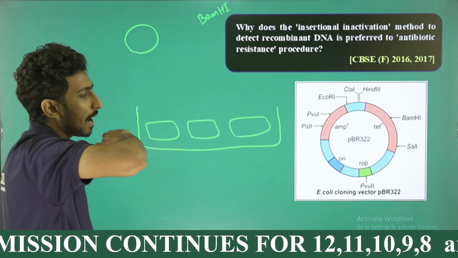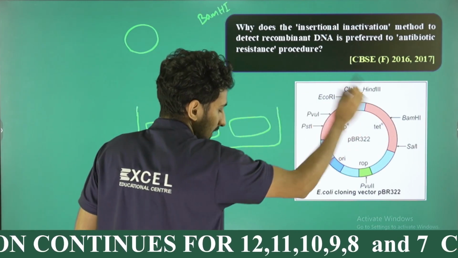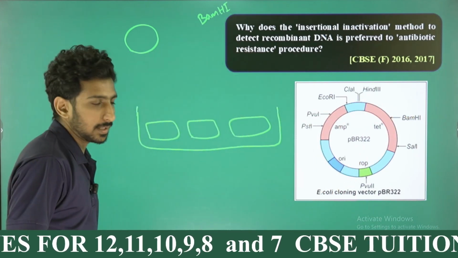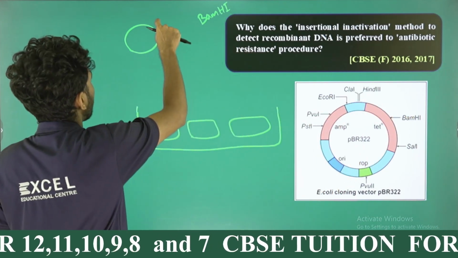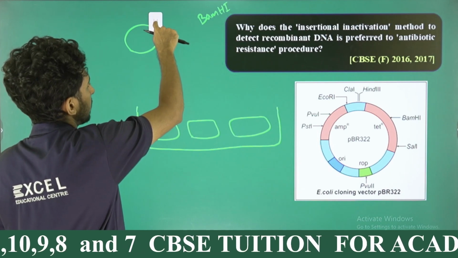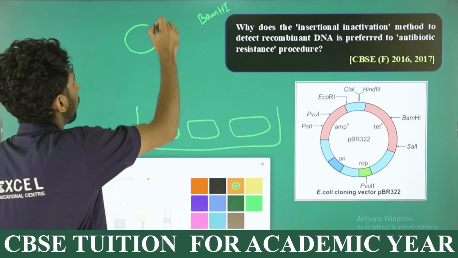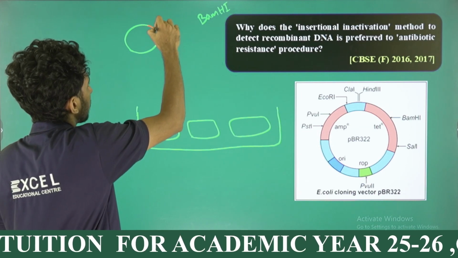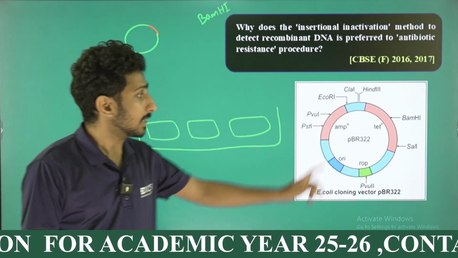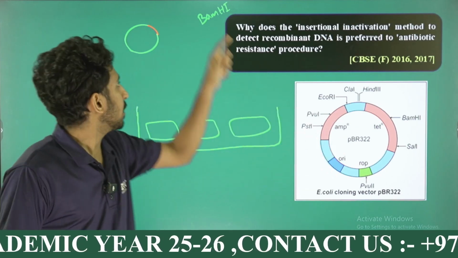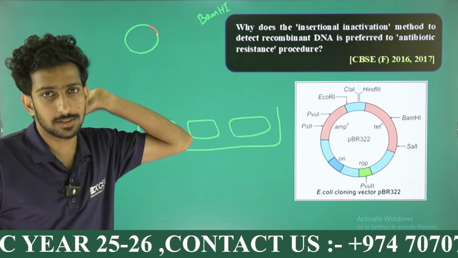BamHI will cut in the TetR region, and a foreign gene is inserted into the TetR region. The tetracycline resistance gene will be inactivated due to the insertion of a foreign gene.